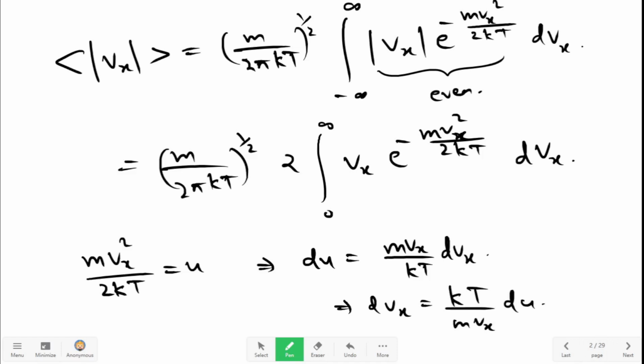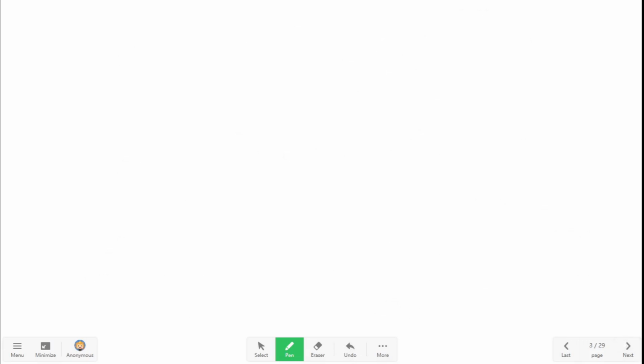When Vx equal to 0, u is equal to 0. When Vx equal to infinity, u is equal to infinity. So the limits are the same. Let us do it.